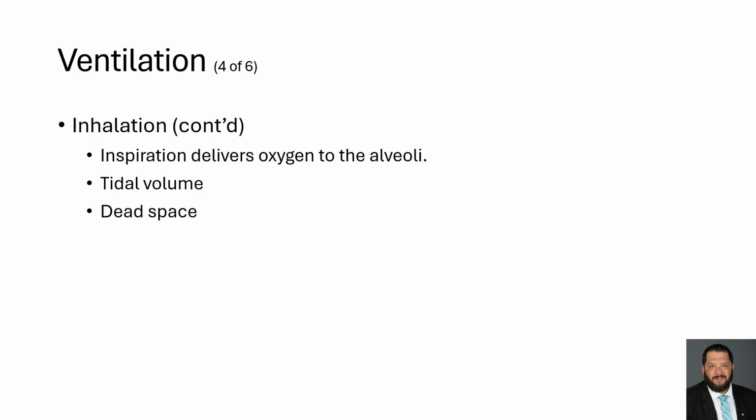There is air left in the lungs that we note as dead space, and this is the amount of air that remains in the lungs after normal exhalation. Forced exhalation can remove some of that air from the dead space, but in the general inspiration and expiration process, that air remains and is mixed with incoming air as it comes into the lungs.